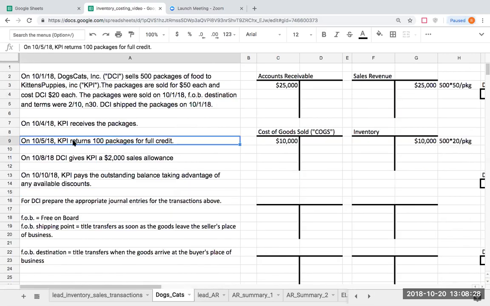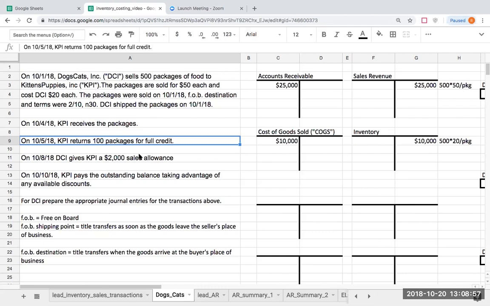So on October 5th, Kittens Puppies returns 100 packages for full credit. Now we're getting into something a little bit different here. This is once we make the sale, what can happen after we make the sale. So to look at this, let's kind of think this through and go back to our original transaction.